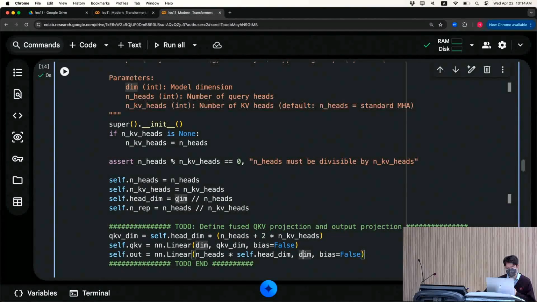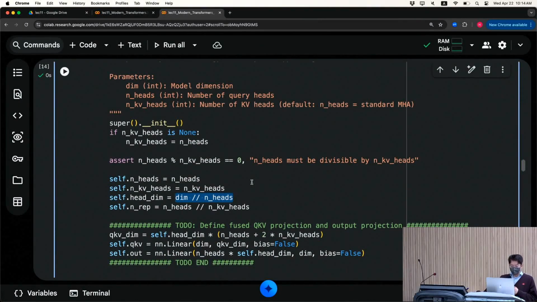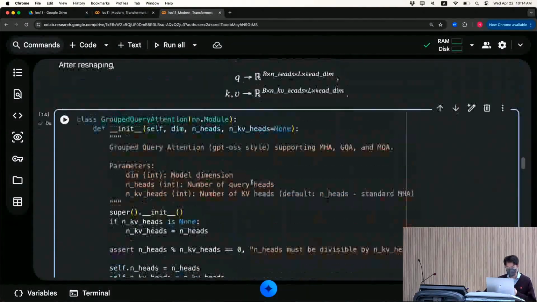Where the head dimension is given already in the constructor.